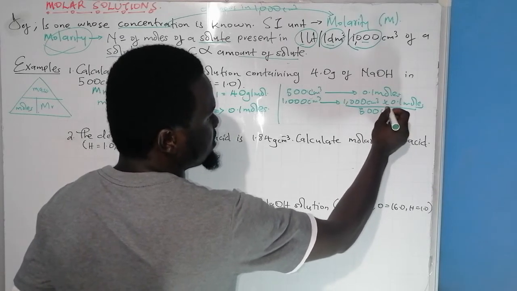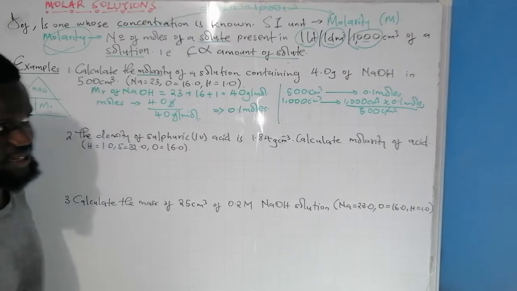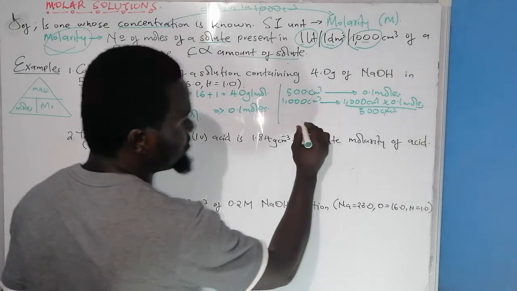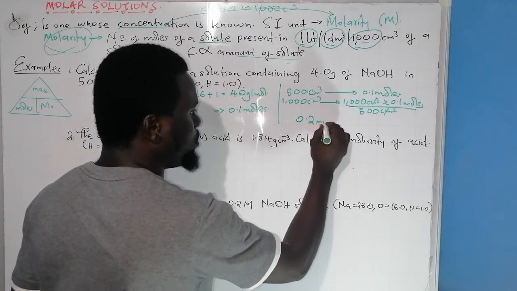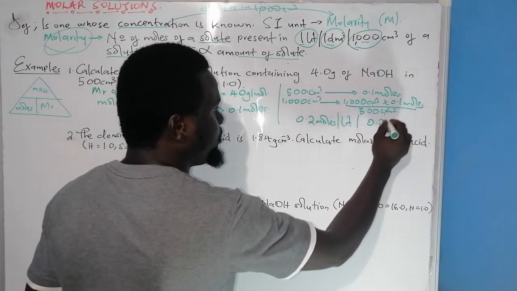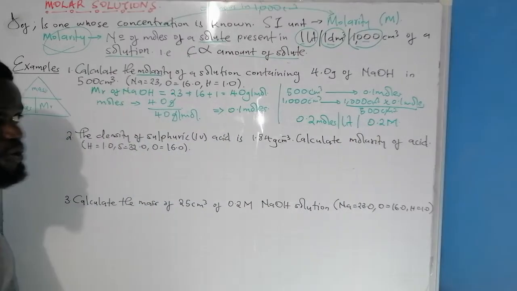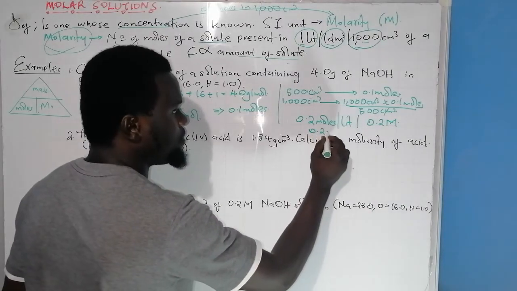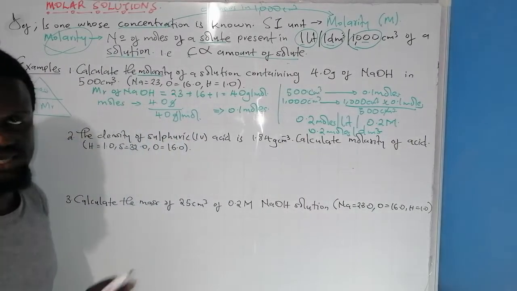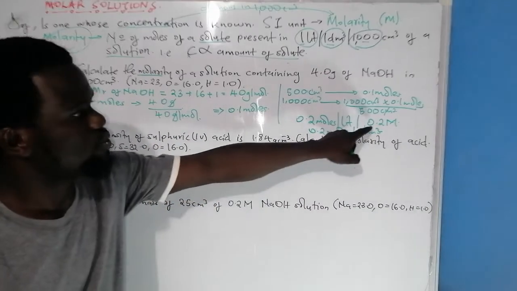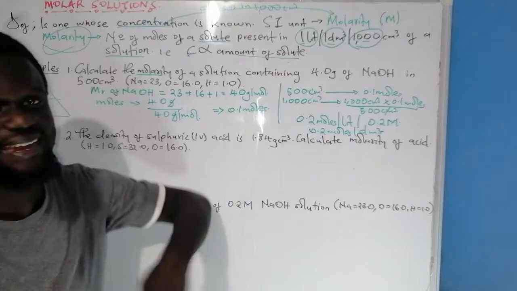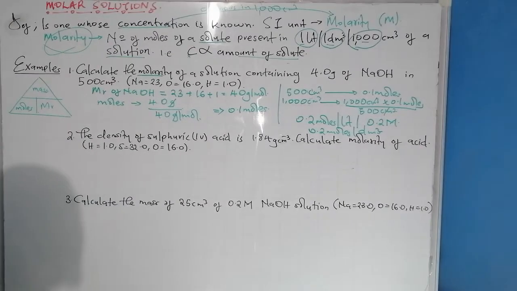So the cubic centimeters will cancel. When I punch it in the calculator, I will have 0.2 moles per liter, or rather I can say 0.2 capital M, or 0.2 moles per decimeter cube. All of them are just equal and the same. So that is the concentration, or rather the molarity of sodium hydroxide in 1,000 cubic centimeter of a solution.